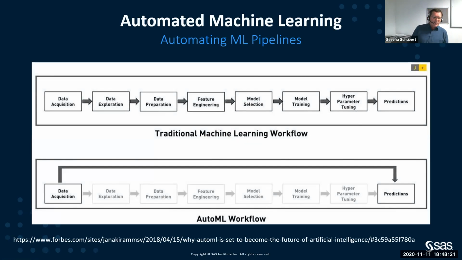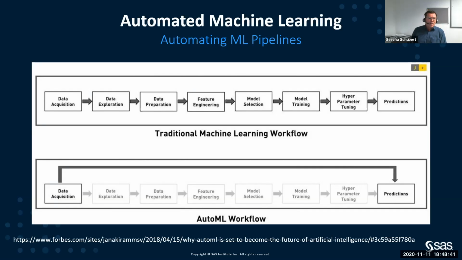So there's a nice article on Forbes.com from a guy called Janakira, and he talks about a traditional machine learning workflow where you have several steps. Everybody who's been involved in machine learning knows these steps.